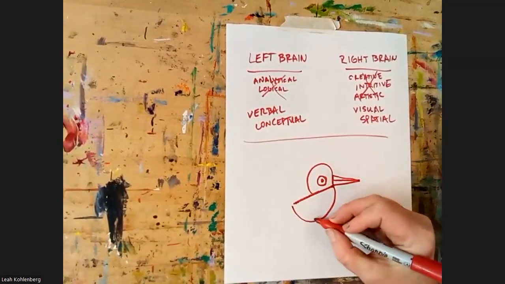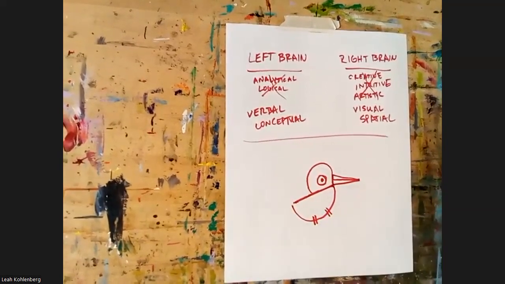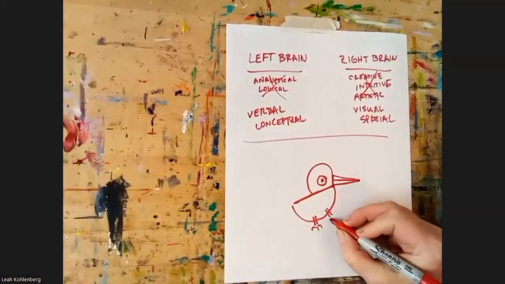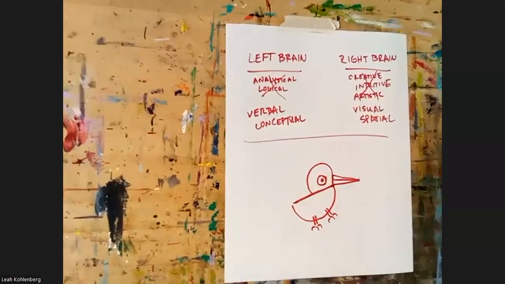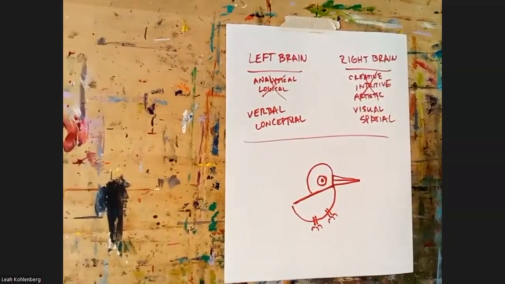And then the legs are two little lines right next to each other. And then three curved lines for the little feet. So if anybody was feeling anxious, I'm assuming right now you're really enjoying this. It should be pretty fun.